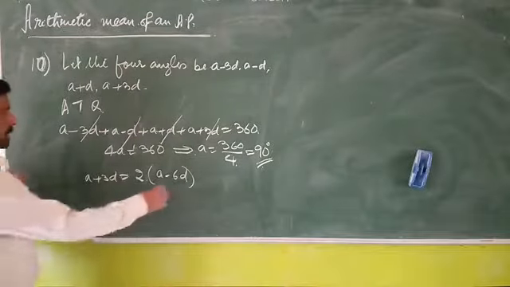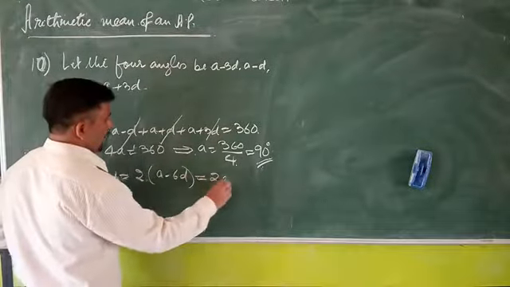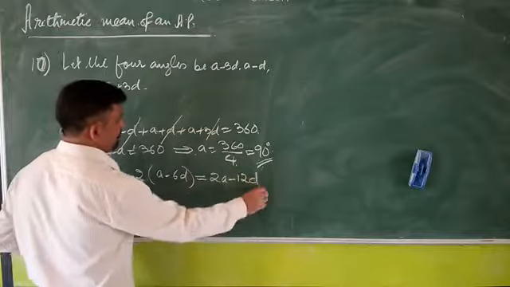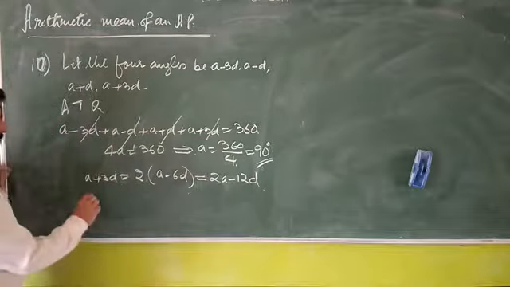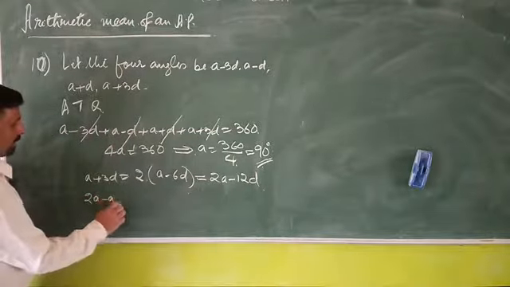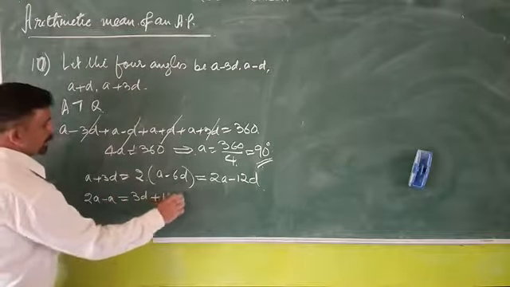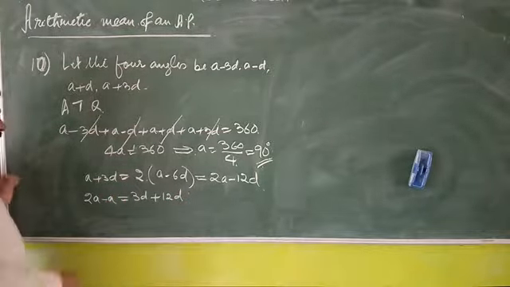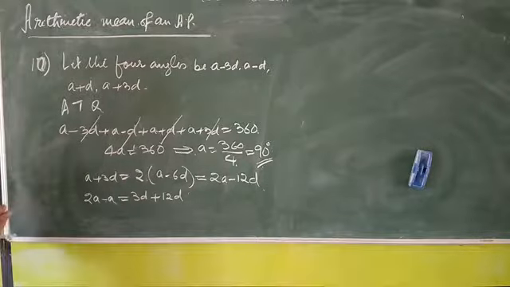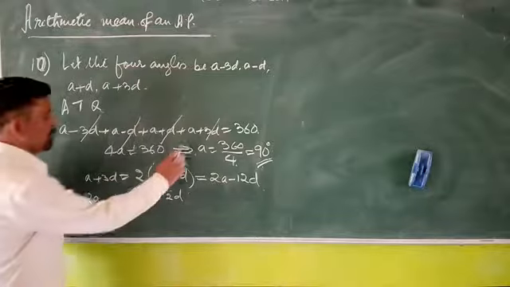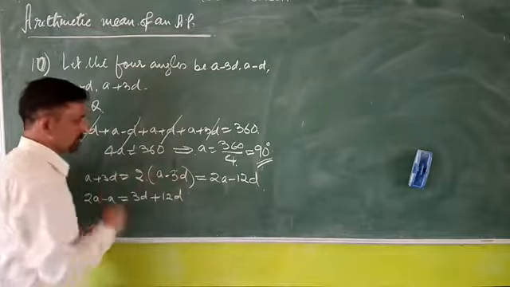So this is 2a minus 12d. Now collect the like terms. 2a minus a is equal to 3d plus 12d. Am I right? Yes, sir. No, it is 6d. Very good. Thank you so much for saving me.